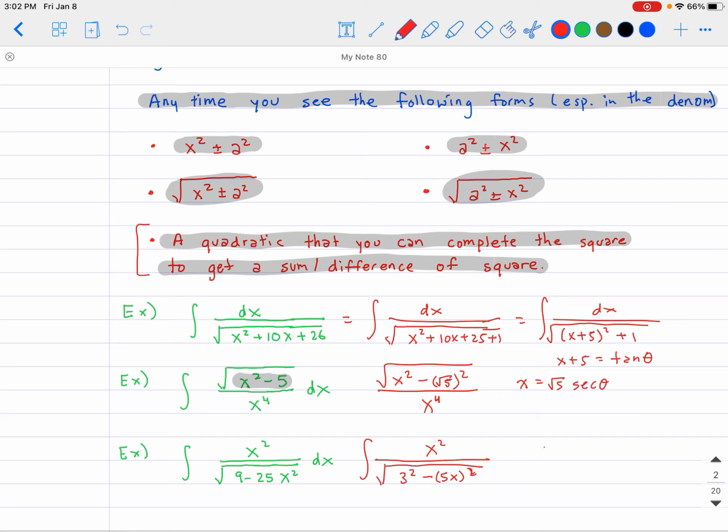So in this case, I'm going to make a replacement for 5x over there. 5x is going to be equal to, let's see, a constant times a trig function. So maybe I can use sine in this case, right? So sine of theta. And remember, you have to compensate for that 3 squared, so that means it's going to be 3 sine theta. So once again, we make that substitution and then afterward draw the triangle to see how this all works out.